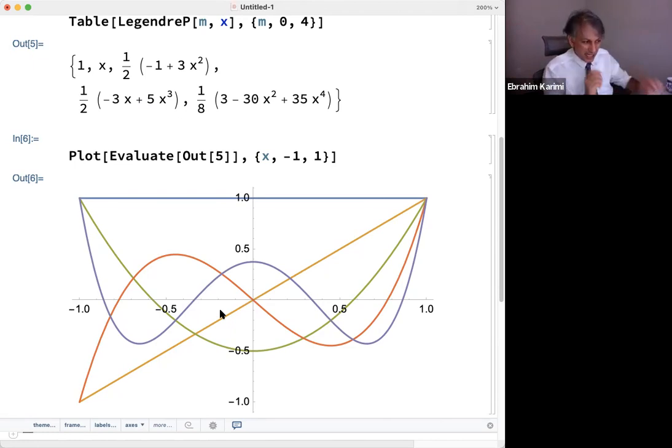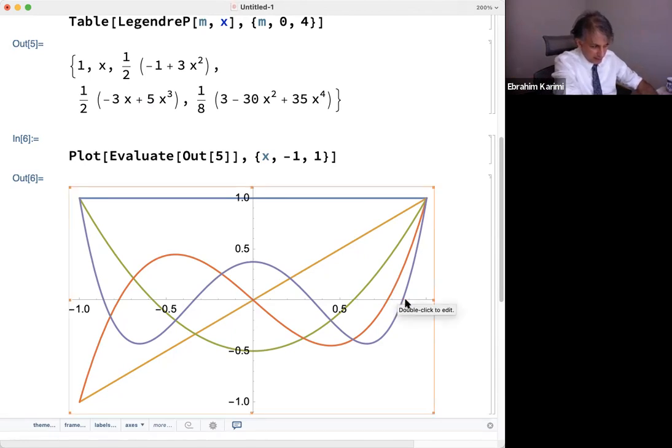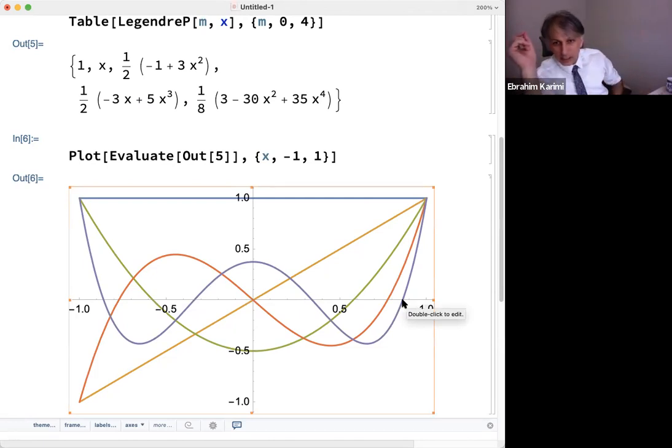If you look at the positive side, at that point P4 has a 0 value here. Here also P3 has a 0 value. Here P2 has a 0 value. Here P1 has a 0 value. P0 never touches the x-axis.